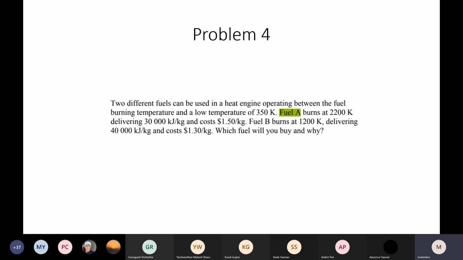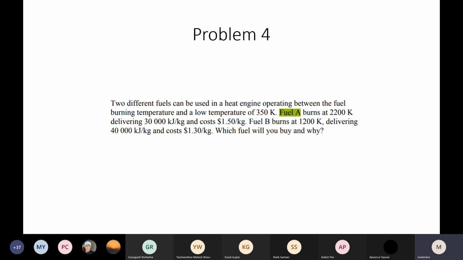But for fuel A, the calorific value or heat releasing rate over here is 30 megajoules per kg. For fuel B, it is 40 megajoules per kg. The cost also has a certain difference.